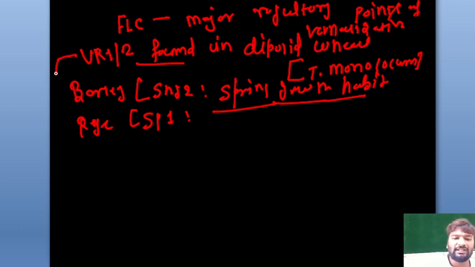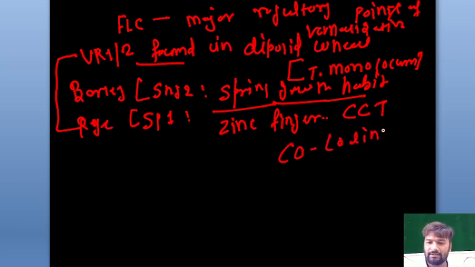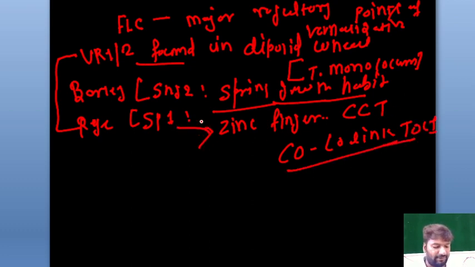So these are the genes in wheat, barley and rye associated with the vernalization process. And this gene encodes a zinc finger domain that is known as CCT, constans-like, so they regulate this gene.